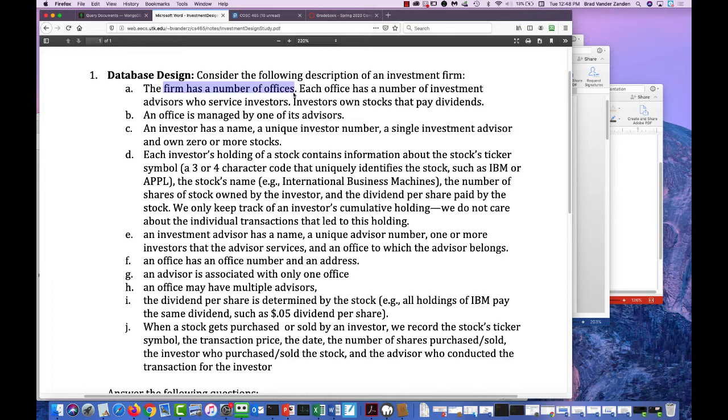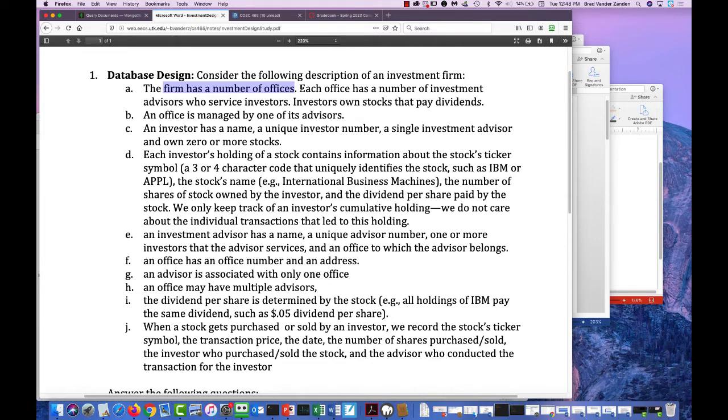Okay? So in this case, the only thing of interest is that we have offices, and offices definitely do look like they might be an entity. Now, we don't know that for sure at this point because we haven't read the rest of the description. But just looking at A, we probably can imagine that offices might be an entity.